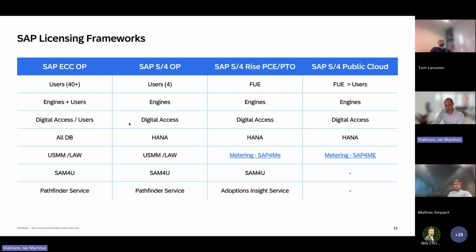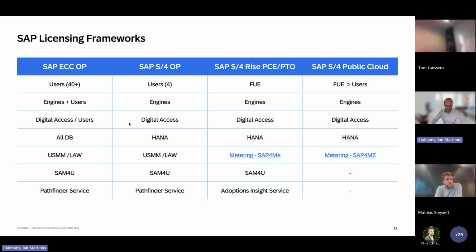But also there, you could use SAM to gain more insights into how my users are distributed, why they are at a certain level, why they account for a certain amount of FUEs, where my engines are consumed, which business unit with which SAP installation consumes which license in order to allocate costs.